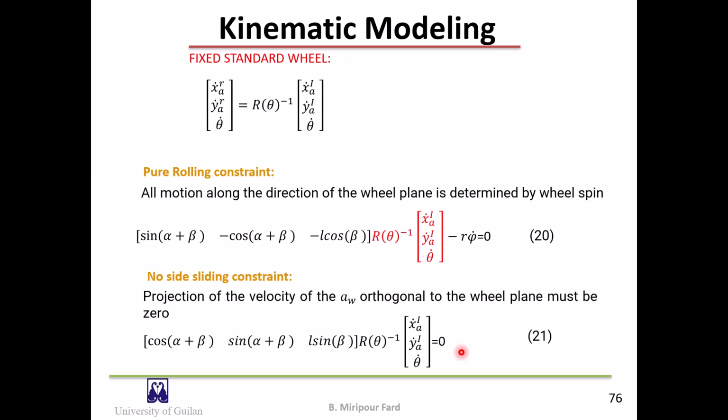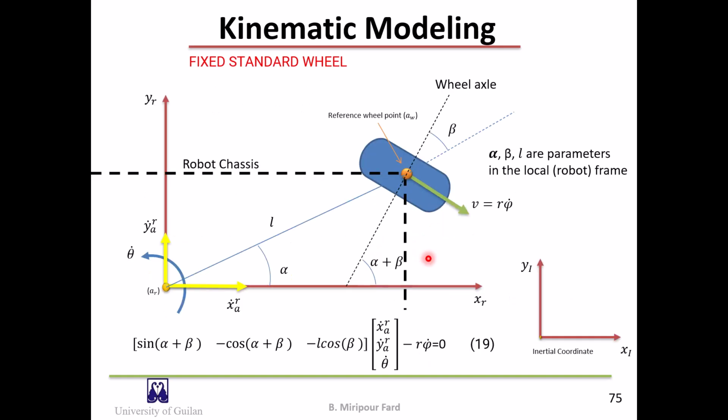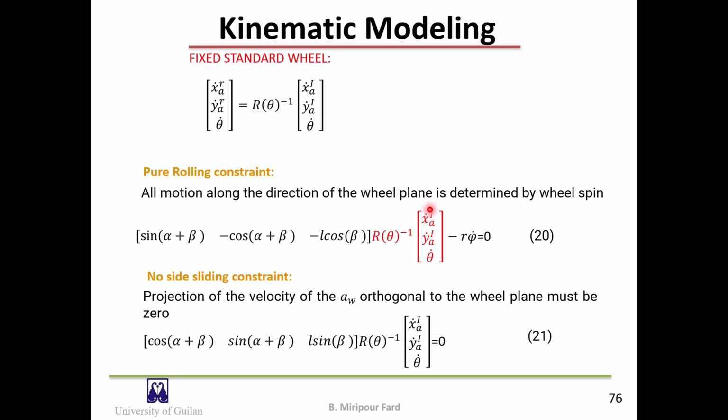By using the rotation matrix, the coordinates of the two frames are related. So we can write the pure rolling constraint in the inertial reference frame as equation 20. If you look here, you can see that we have translated the coordinates of the robot frame to the coordinates of the inertial reference frame.